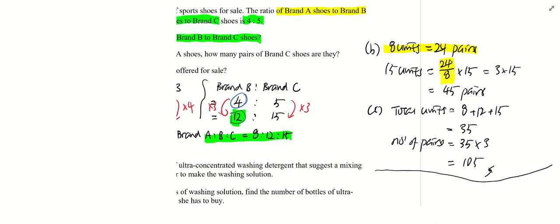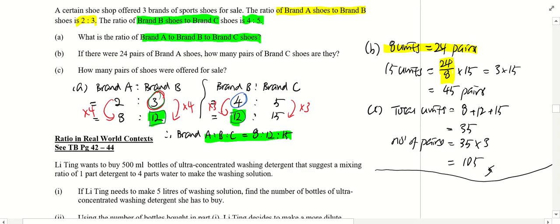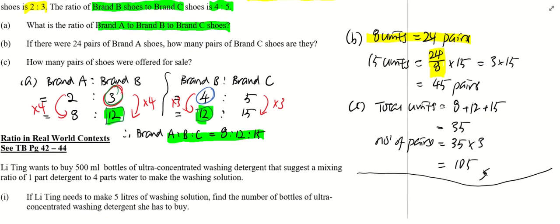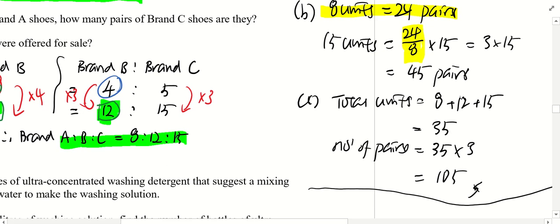Part C. How many pairs of shoes were offered for sale? This question is trying to ask us how many pairs of shoes are there for A and B and C combined together. Okay, so all we have to do is, again, using the same ratio found in part A, 8 is to 12 is to 15, we can find how many units of shoes are there altogether. 8 plus 12 plus 15, that gives us 35.